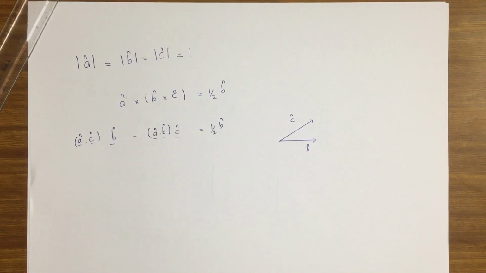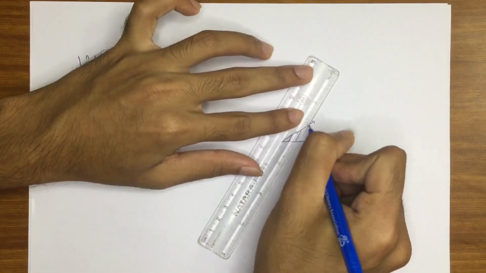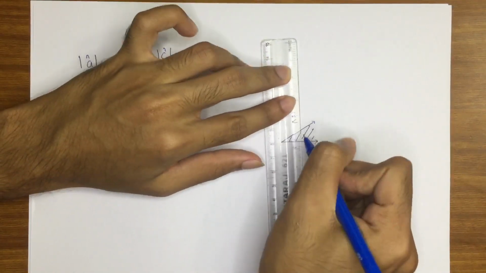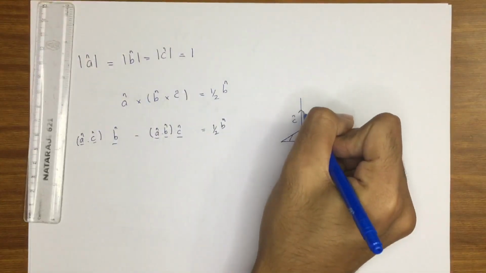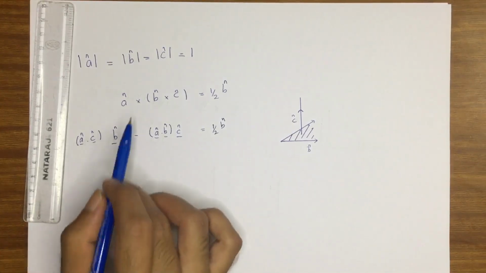If we take the cross product of these, we can directly tell that it's going to be perpendicular to this plane, the CB plane. As we are taking the cross product, it's going to be perpendicular to this plane, let's say in this direction. So we need to take another vector called a.